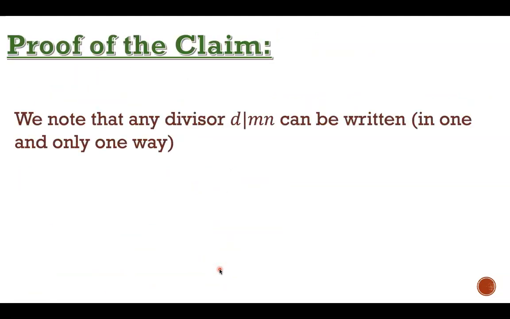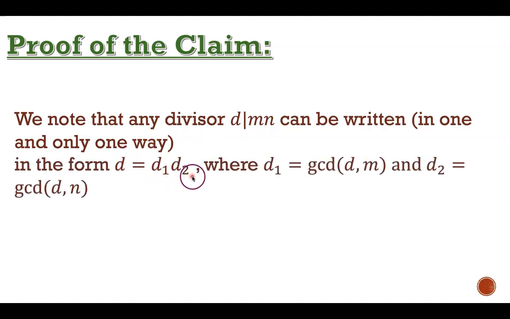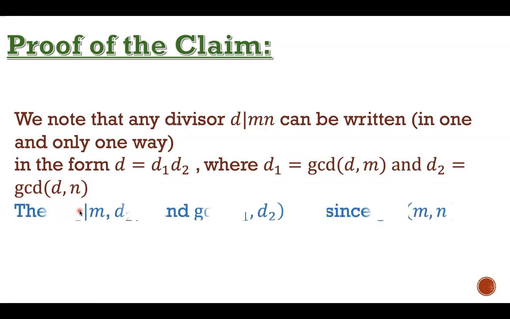To prove the claim, we note that any divisor d of mn can be expressed as d1 into d2, where d1 is the GCD of d and m and d2 is the GCD of d and n. Then d1, being the common divisor of d and m, will divide m.